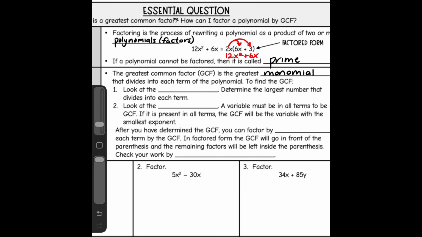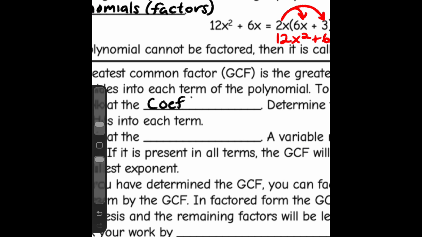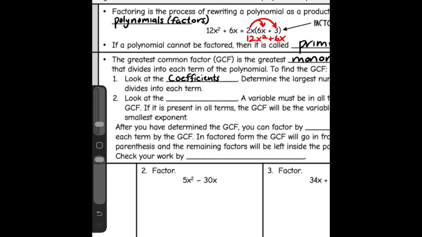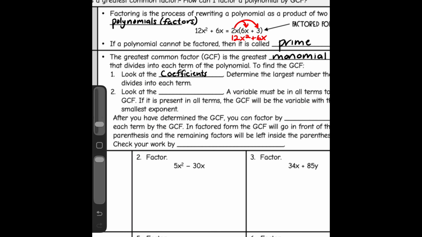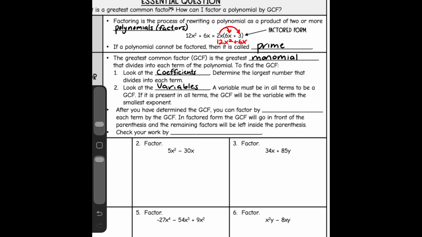To find the GCF, look at the coefficients and determine the largest number that divides into both terms. Then look at the variables. A variable must be in every term to be a GCF. If it is present in all terms, the GCF will be the variable with the smallest exponent.